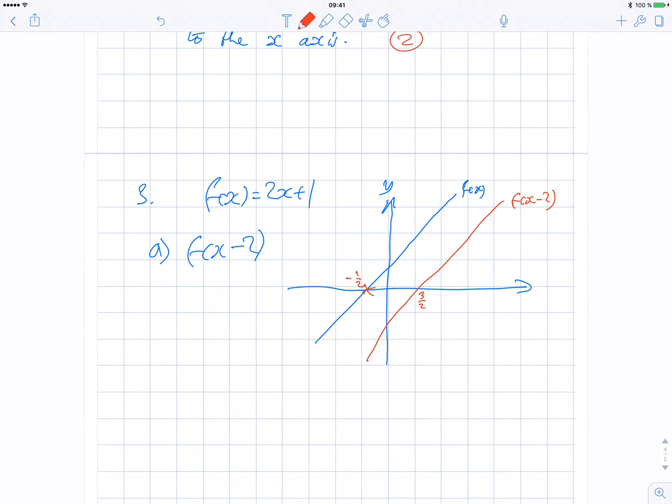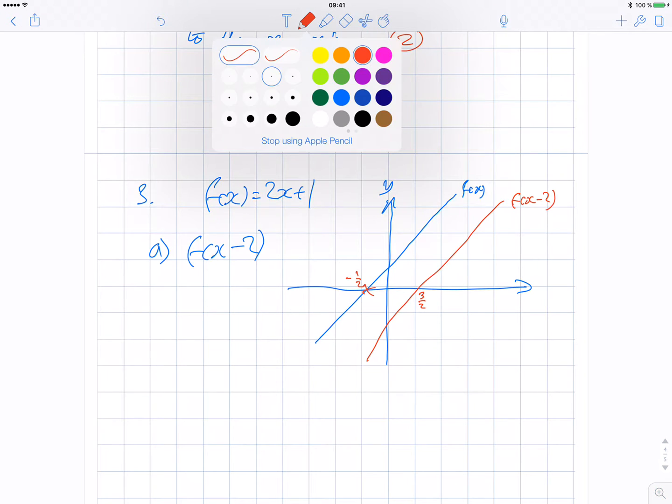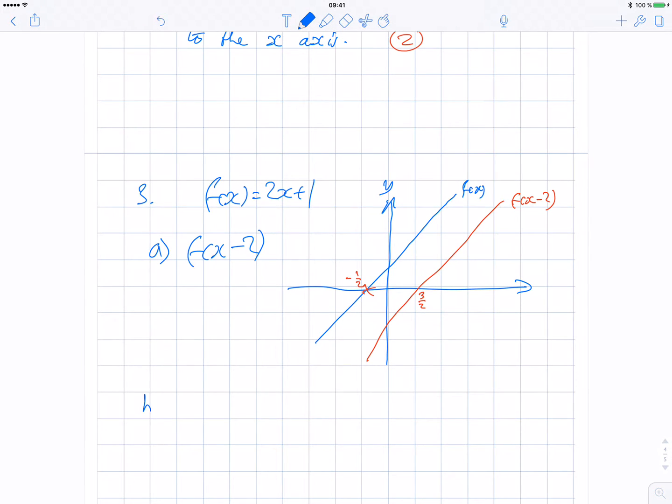And then part B, we have minus f of 2x. Well, it's going to be spread out. Now I'm going to use the calculator just to double check this one, so I'm just going to insert a problem. I'm going to put the graph in there. I'm going to define the function as 2x plus 1, and then I'm going to add a new graph function.